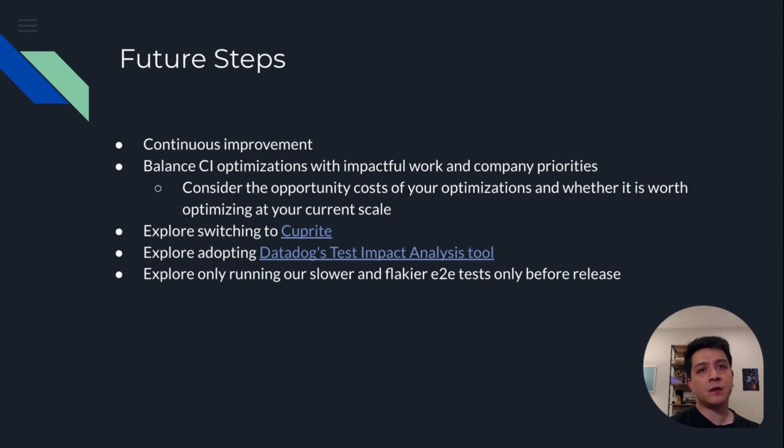We only want to run the end-to-end tests on our release branch right before release to make sure that those tests pass there. This would be in contrast to running them in every single PR and every single commit that is pushed.